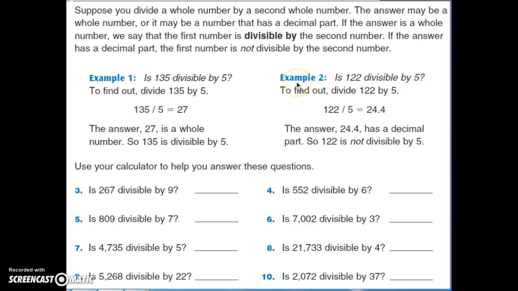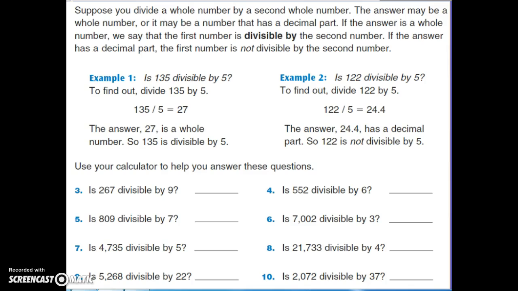Take a look at example number 2. Is 122 divisible by 5? To find out, you would divide 122 by 5, and this time you get a decimal in your answer. You have 24 and 4/10. So 122 is not divisible by 5 because of that decimal in the answer.